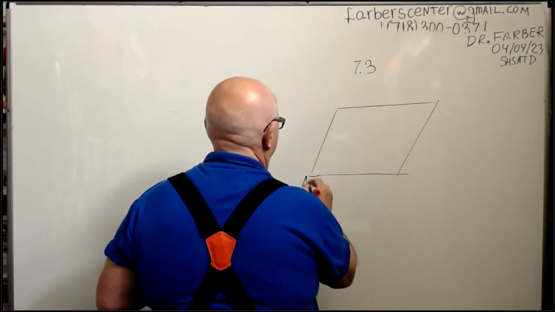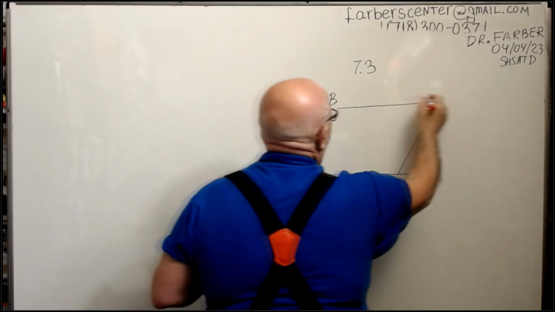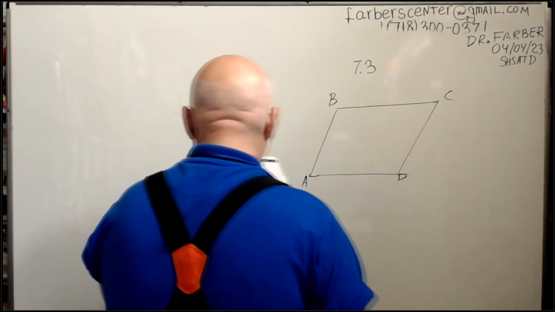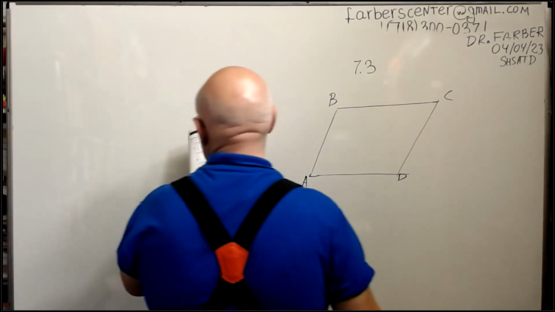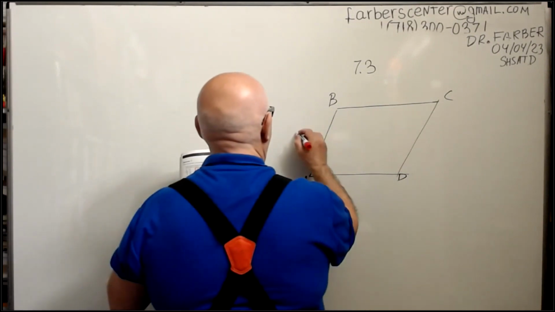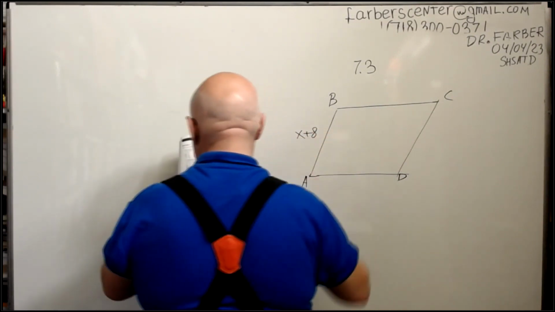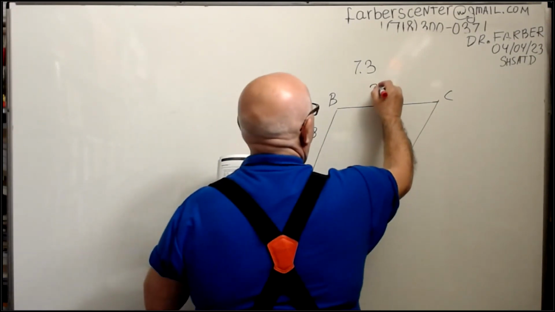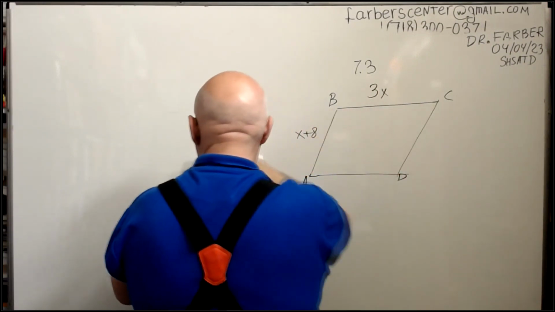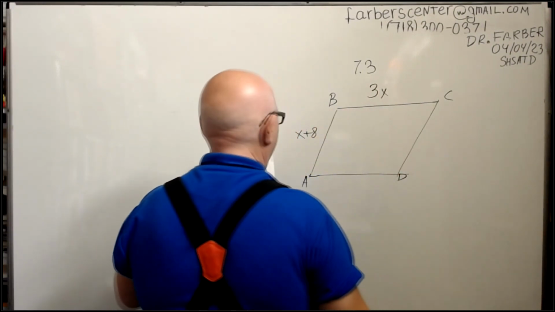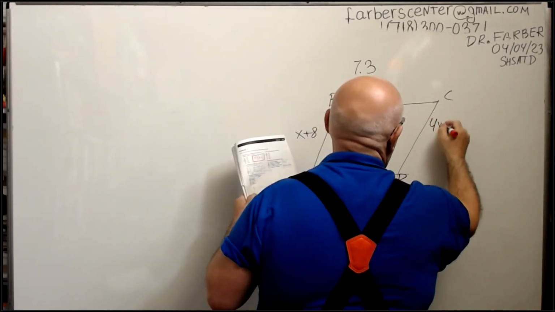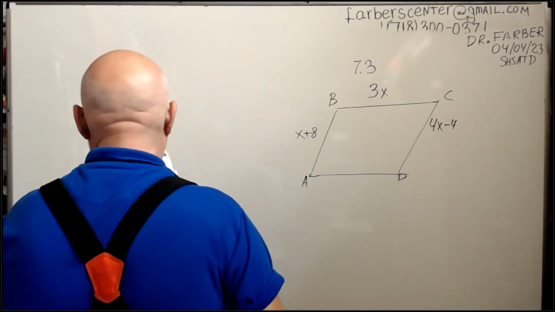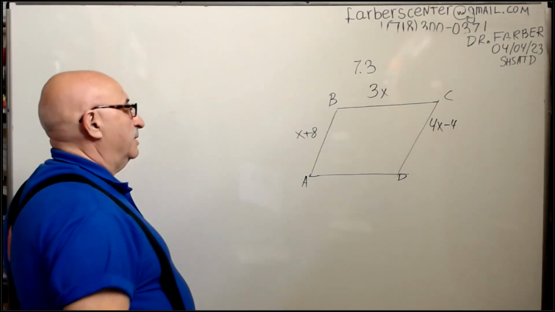And they give you A, B, C, D. And they said AB is x plus 8, BC is 3x, CD is 4x minus 4. And they ask you what kind of quadrilateral is it?